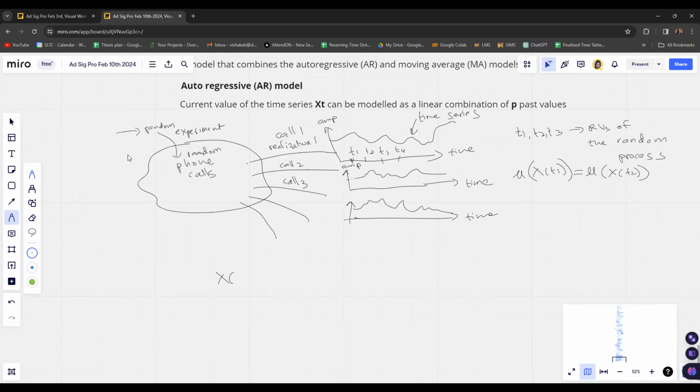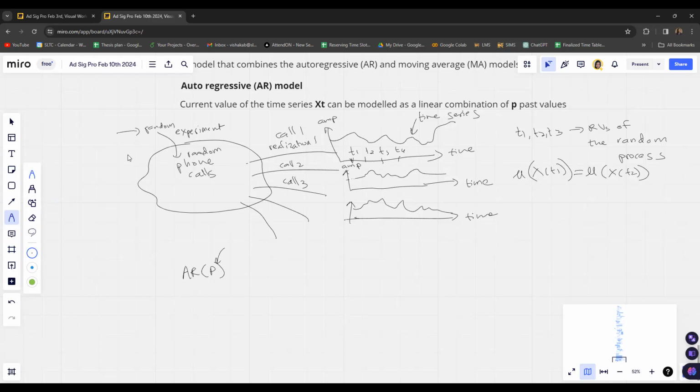The model that defines that relationship is known as the autoregressive AR model, right? It shows the relationship between the current amplitude value and the past amplitude values, and also the effect of noise in that. The AR model can be of the form AR(p), where inside brackets p shows that it is an AR model of order p.